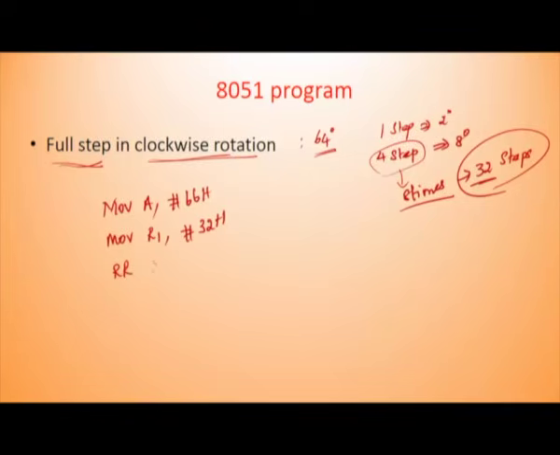So, rotate right accumulator. After rotating the data, the motor is connected to port 2 of the 8051, so you have to move to port 2 comma accumulator. What it represents is the available value of the accumulator now moves to port 2. Based on that the ones and zeros will be activated and the corresponding coils will be energized.